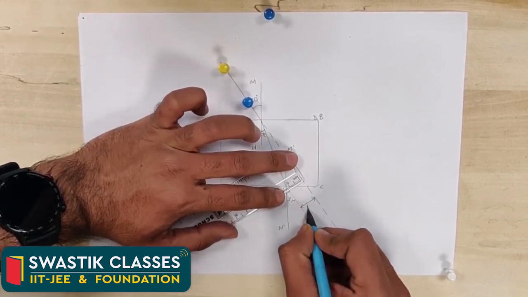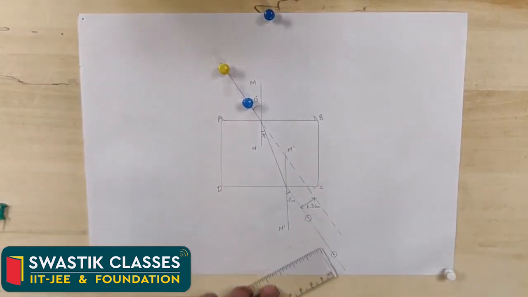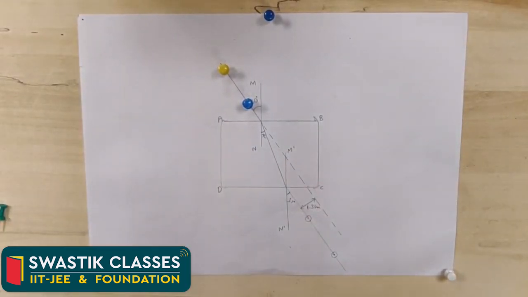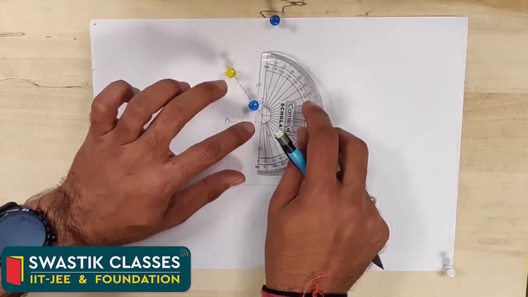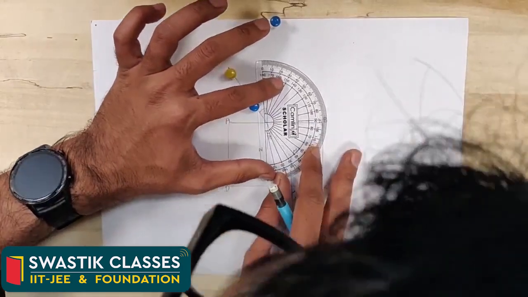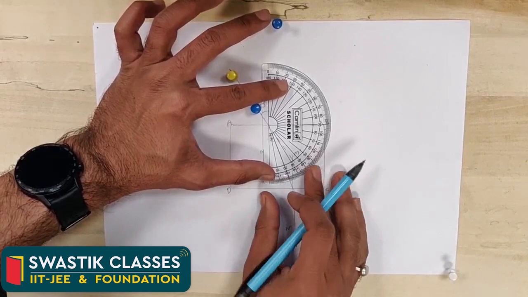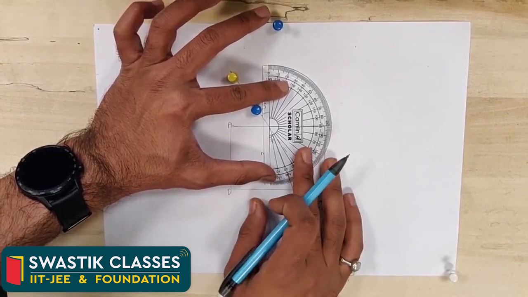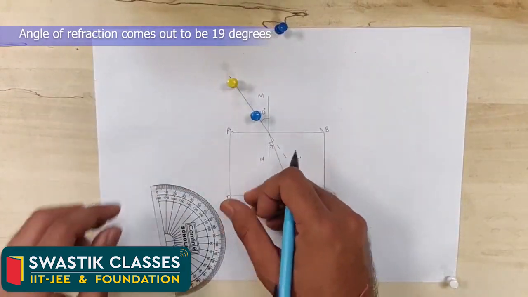So this lateral displacement is 1.3 centimeters. Now we'll measure the angle of refraction, and it is coming out to be 19 degrees. So the angle of refraction I'm getting is 19 degrees.